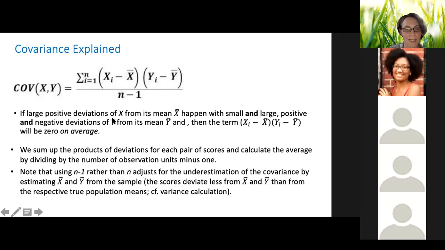Okay, and so the n-1 here is the same logic as for our standard error. It just adjusts for the underestimation of the covariance caused by estimating the means of X and Y from the sample, rather than using the true population means. So the same underlying logic.